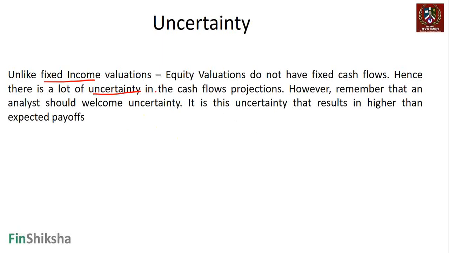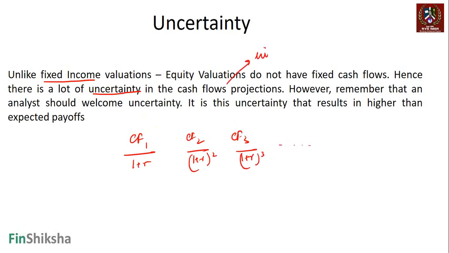So effectively, if we are using CF1, CF2, CF3, there is a fair bit of uncertainty in the cash flows itself when we are doing a DCF, and so on and so forth. There is also an issue that cash flow projections probably go till infinity, and hence we're not sure of what happens beyond a particular point of time.